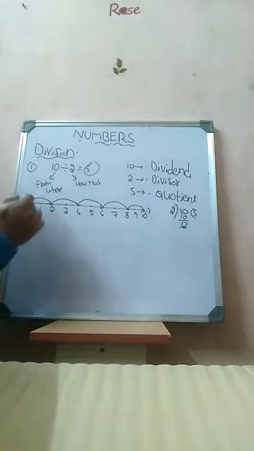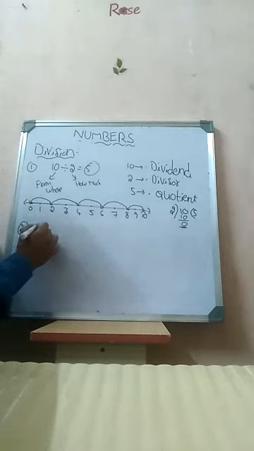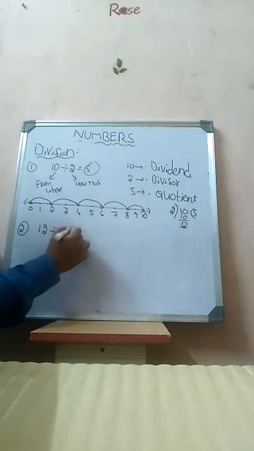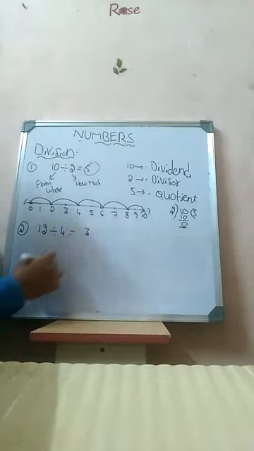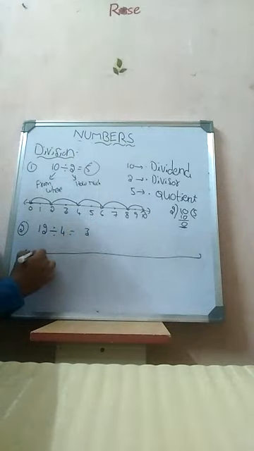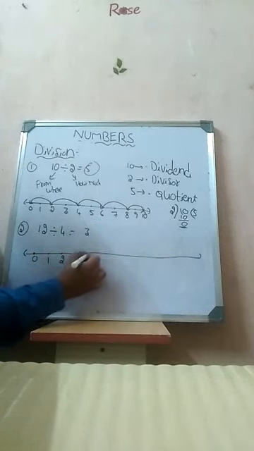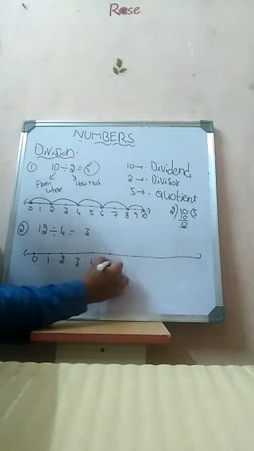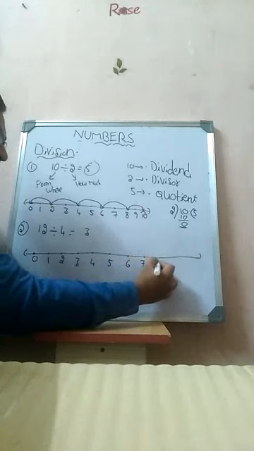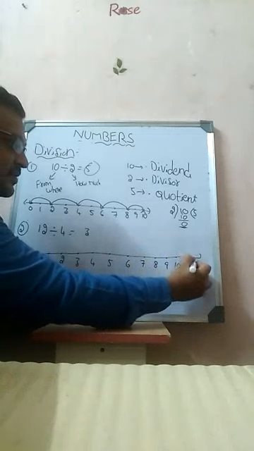And one more example. 12 divided by 4. 12 divided by 4, as we know, it is 3. How to show on number line? 0, 1, 2, 3, 4, 5, 6, 7, 8, 9, 10, 11, 12.